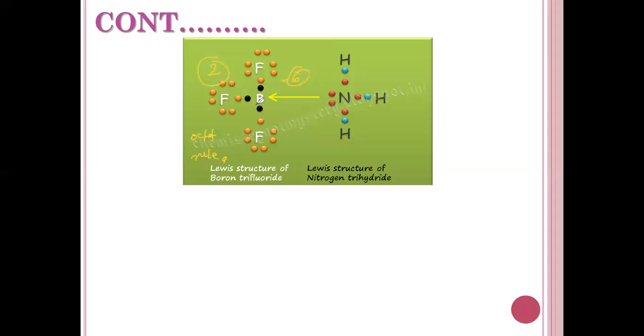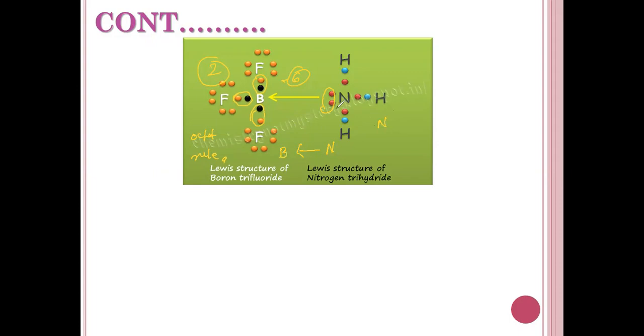You can see here the boron has only 3 and makes bonds with fluorine, so now it has 6. We need 2 more, and these 2 are donated by the nitrogen. Yes, the nitrogen is donating to the boron.